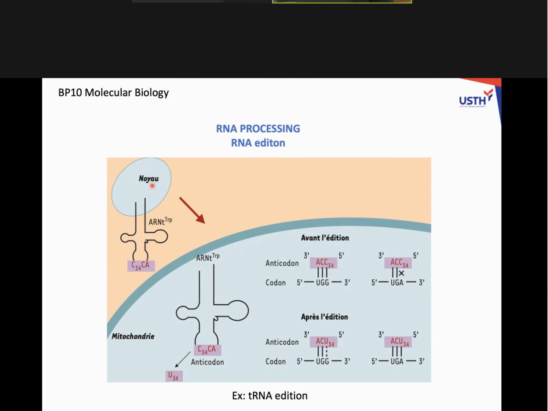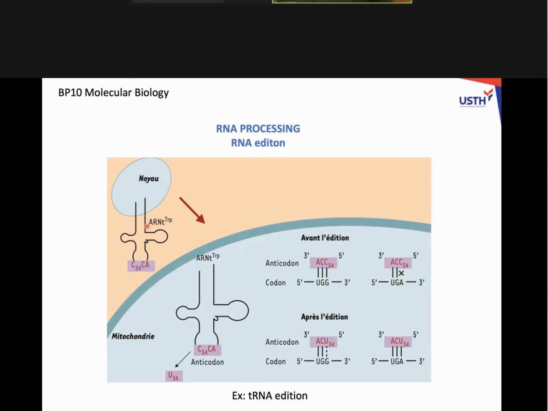Once that is happening, and it's very well documented because it's giving rise to a disease. I don't remember the name, but I can find it back. Sorry, it's in French, but it's quite easy to understand. This is the nucleus, this is the mitochondria, this is before editing, and this is after editing. So here you have a tRNA.